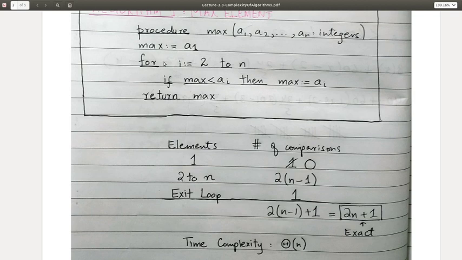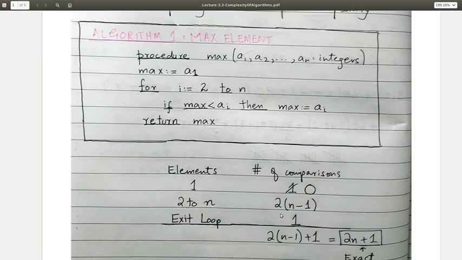First, you're comparing whether your i is in this range, and second, you're comparing whether your max is less than or equal to A_i. So there are two operations per step of this loop, and the total number of steps from 2 to n is n minus 1. So the total number of comparisons inside this loop is 2 times (n minus 1).